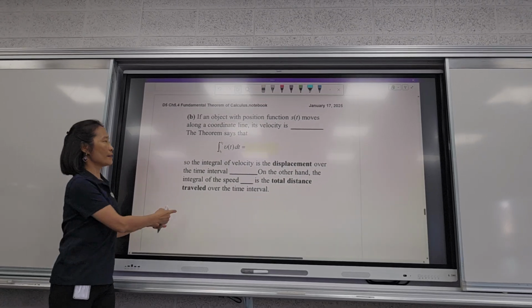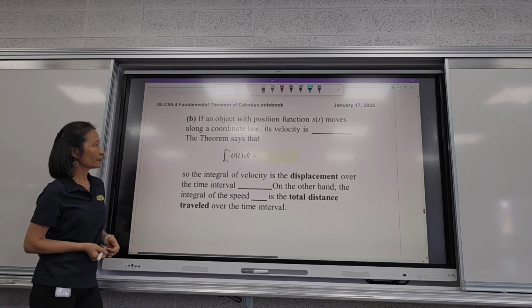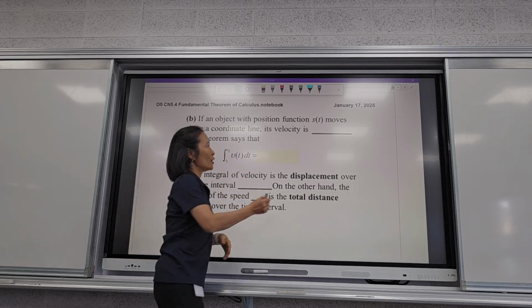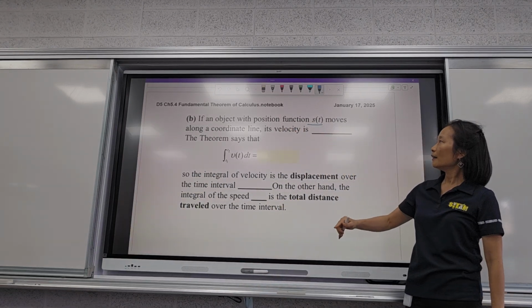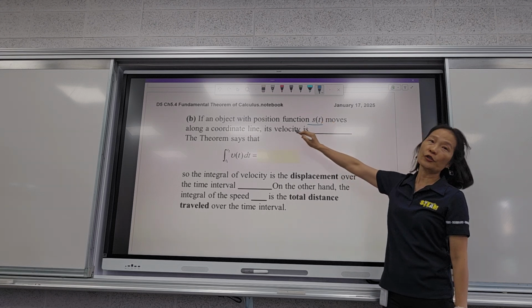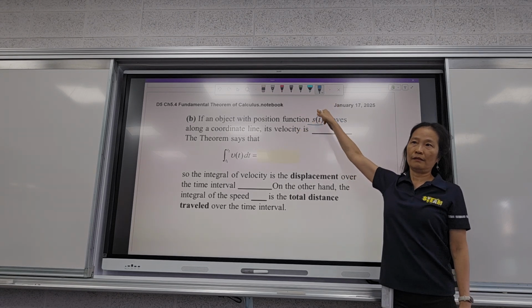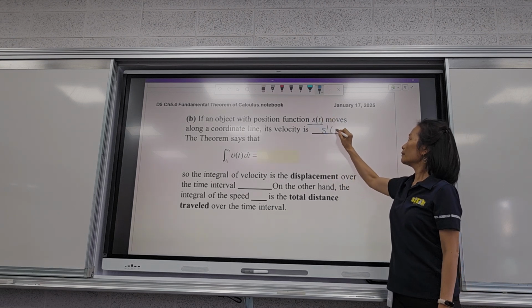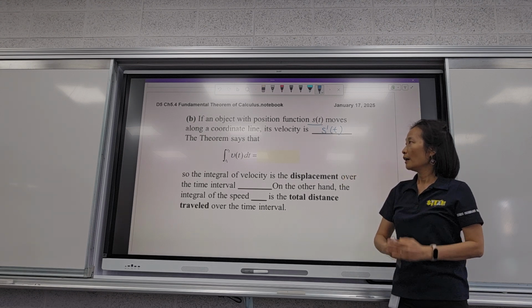Okay, let's revisit this particle motion problem. If the object with the position function s of t moves along the coordinate line, what is the velocity function from s of t? S prime of t, very good. I need to differentiate to find velocity function.